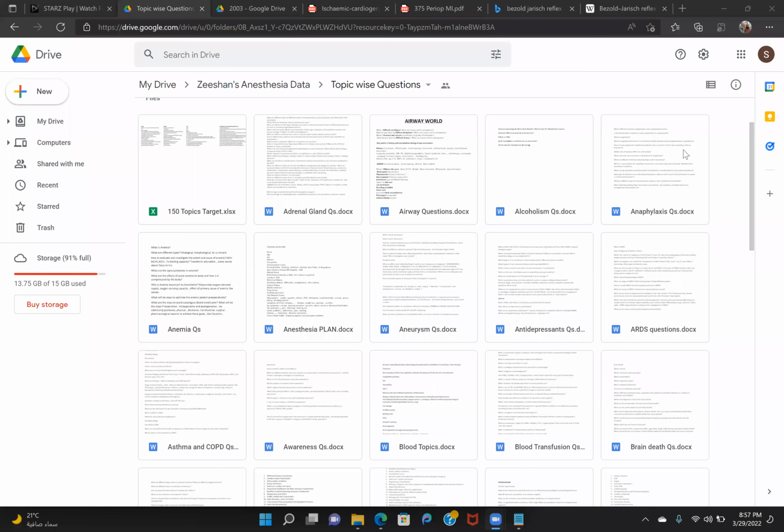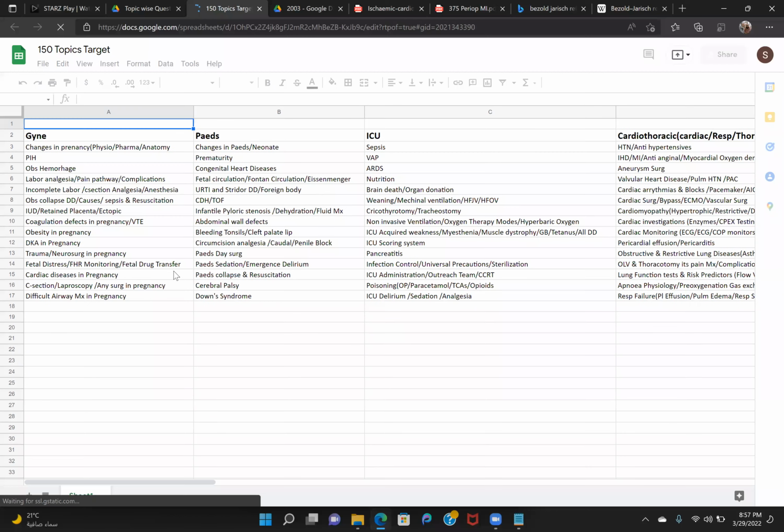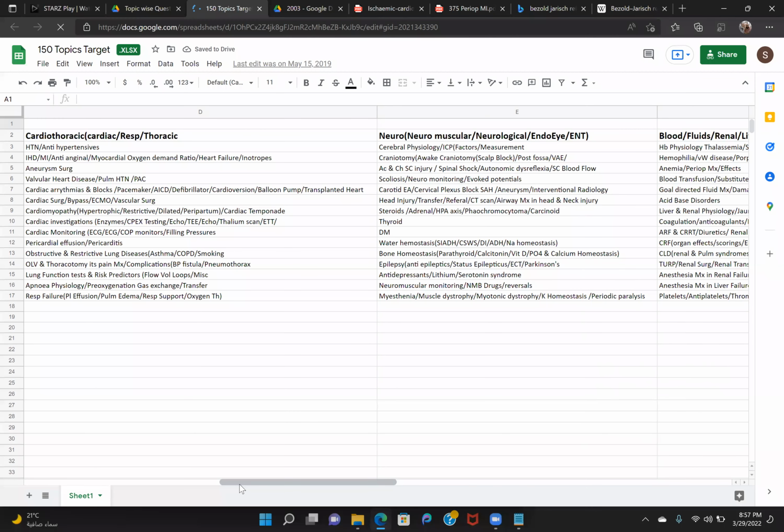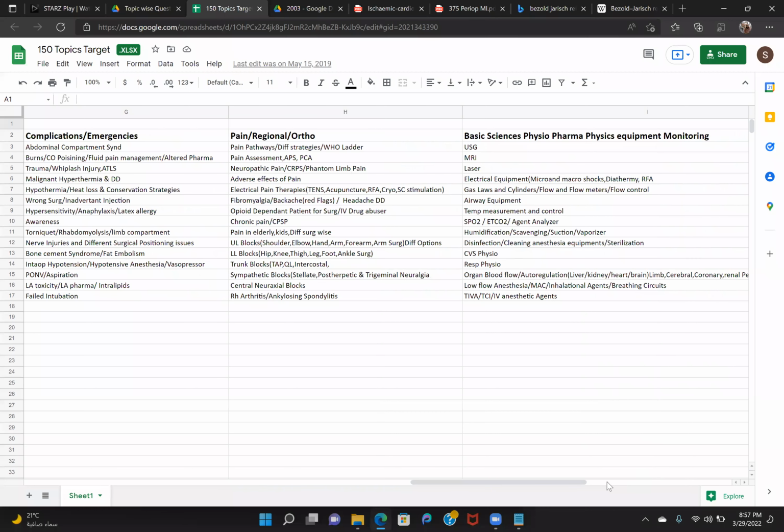You just read that source and you will know. This is another source which I just compiled. Actually, when I was studying, I made a list of it. This is one way, not absolute, but a good way to revise the topics. Okay, I made it like 150 topics and you can cover a number of things through it.